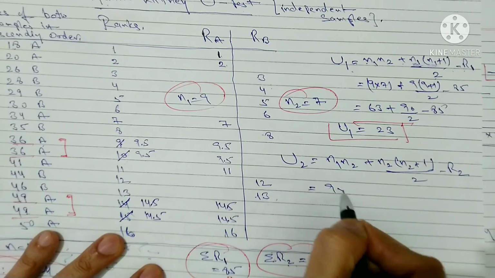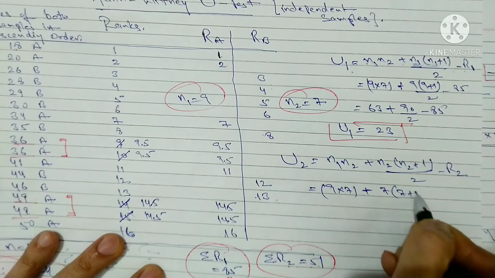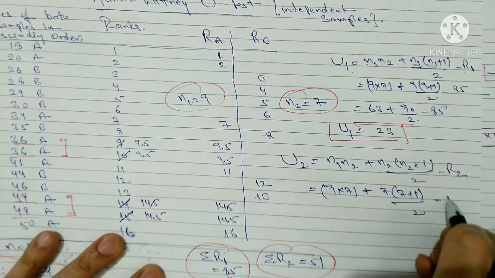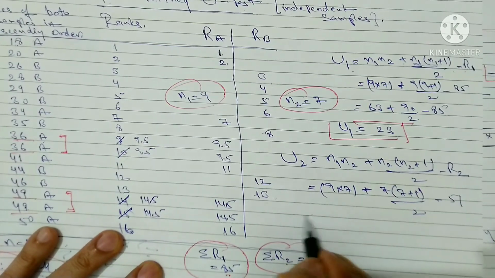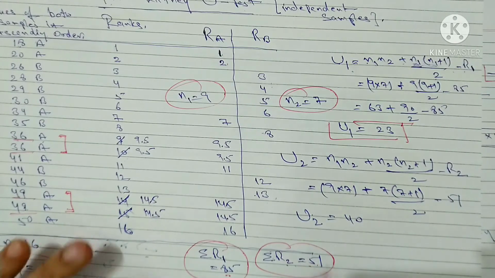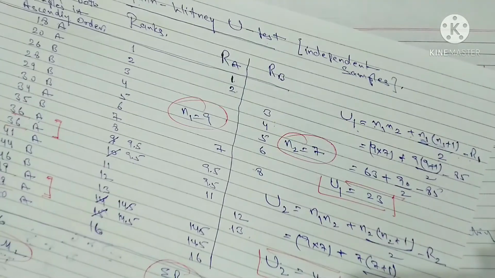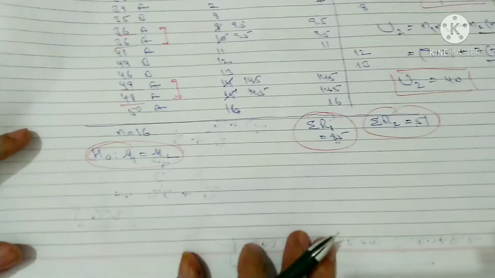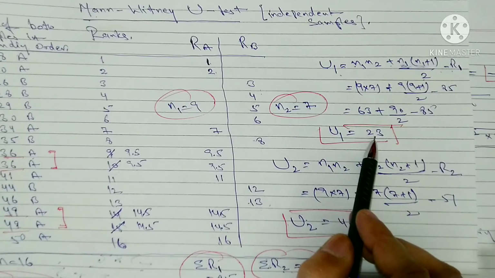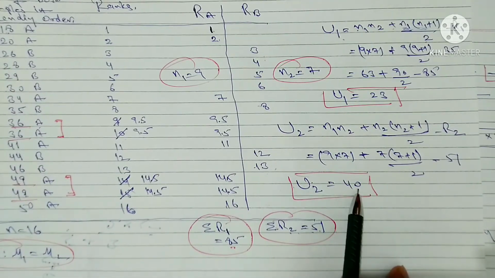So 9 into 7 plus 7 into 7 plus 1 by 2 minus 51. Therefore U2 is 40. U1 is 23 by applying this formula and U2 is 40.